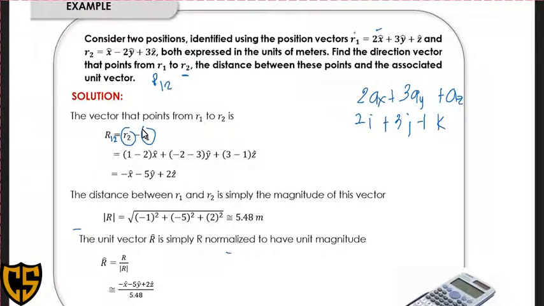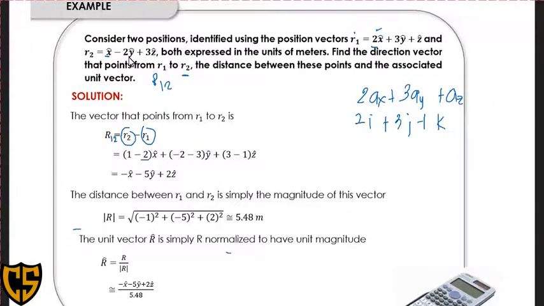It is simple, we combine the values of x. The value of x in R2 is 1, and the value of x in R1 is 2, so we subtract them: 1 minus 2x. It is the same with y.